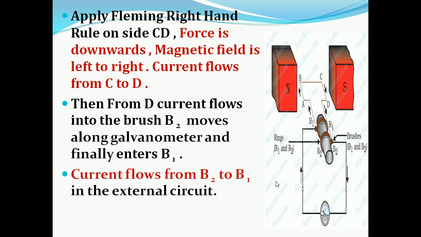So the current flows from B2 to B1 in the external circuit when the coil is rotated in the clockwise direction.